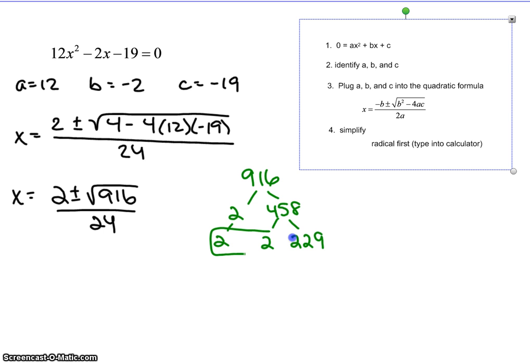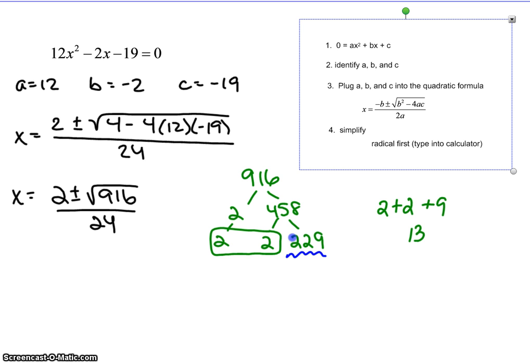Okay, but now I've gotten a pair. Now, 229. Do we know anything that goes into it? Looking at my rules that I suggested: 2, even, this one's not even. 5 doesn't end in 0 or 5. 3, if I add up my digits, 2 plus 2 plus 9, it's going to give me 13. It's not divisible by 3. So according to the ones I've given you, it's okay to stop here.